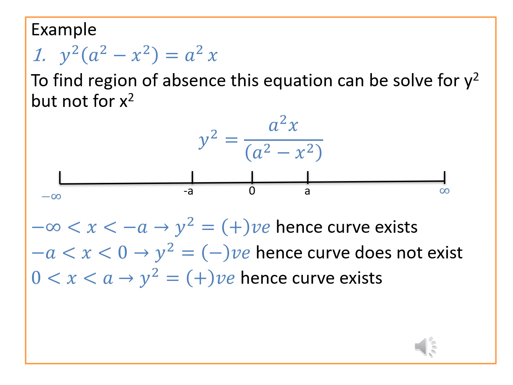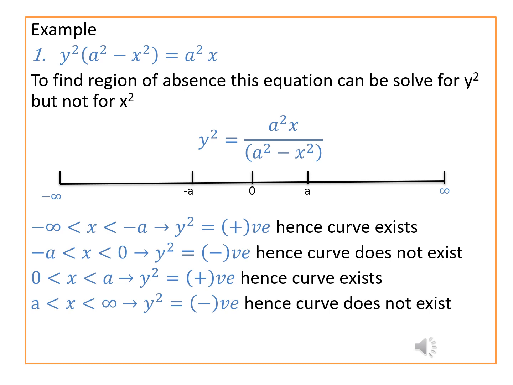Now take the last part, that is a to infinity. That means x is again positive, but numerically it is greater than a. For this, the numerator is positive, but the denominator, a square minus x square, will be negative. Positive upon negative means your y square is negative, so the curve does not exist.